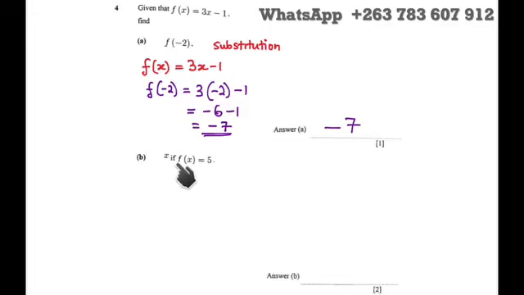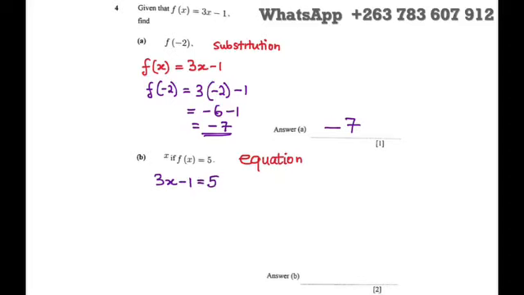Find x if f of x is equal to 5. Now this becomes an equation because now we have an equal sign, which means we're going to replace our function of x. 3x minus 1 is equal to 5.